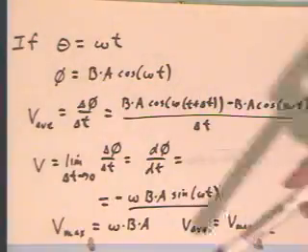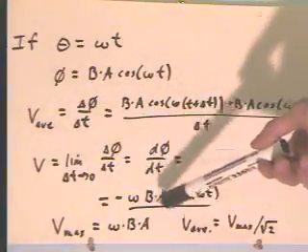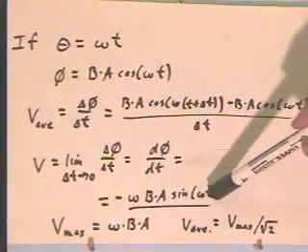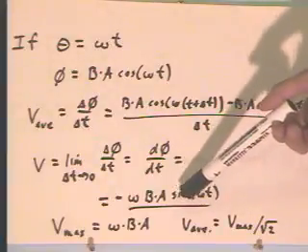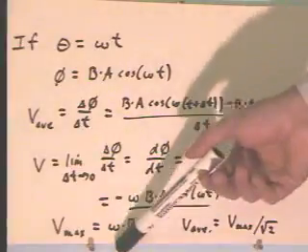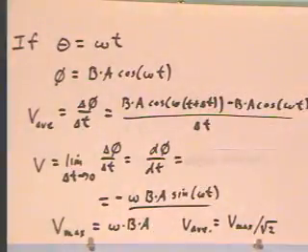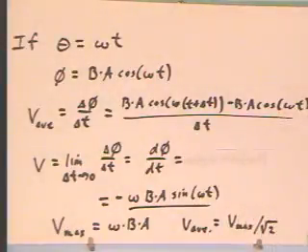The maximum voltage that we get is just what we get when the sine of omega t is negative 1. Sine is between negative 1 and 1. Since this is negative, the maximum occurs when this equals negative 1, and that's just omega BA. And the average is just the maximum divided by the square root of 2.